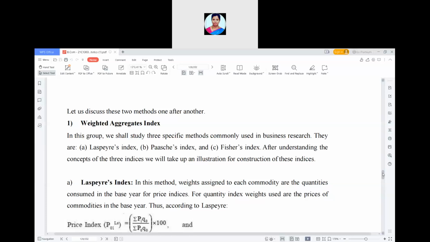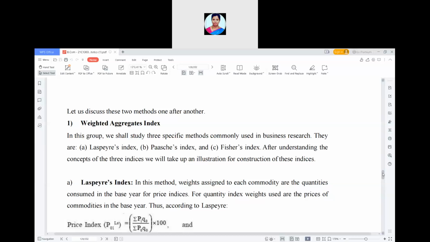These are the available methods, but mainly we use Laspeyres', Paasche's, and Fisher's ideal method. These are the three main methods. Now let us see them one by one.